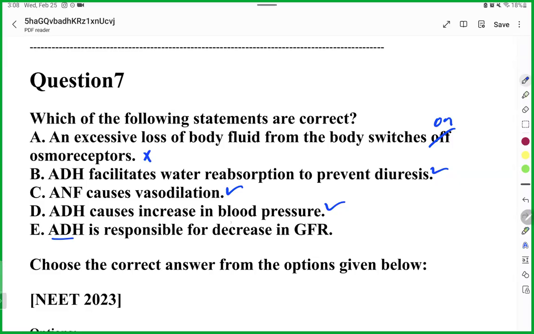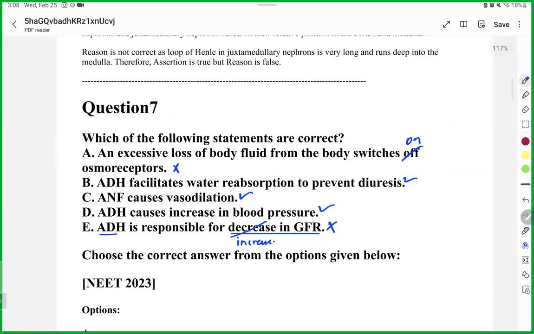ADH is responsible for a decrease in glomerular filtration rate. True? No, it increases blood pressure, so it increases GFR. Okay, I was getting confused, but understood, sir.